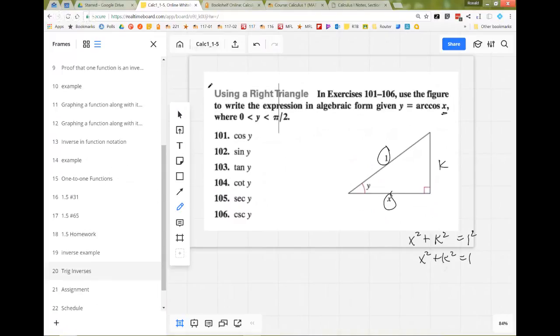And then we want to find out what k is. So k squared equals 1 minus x squared, and k equals the square root of 1 minus x squared.